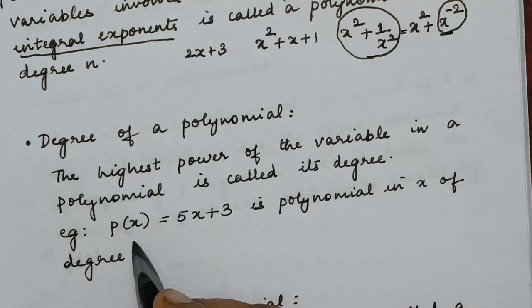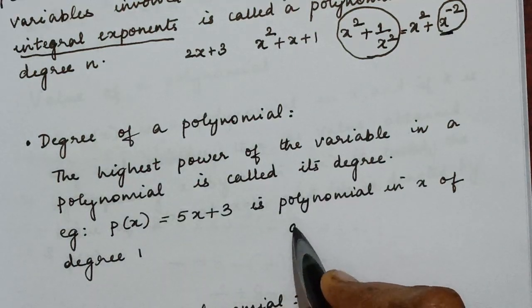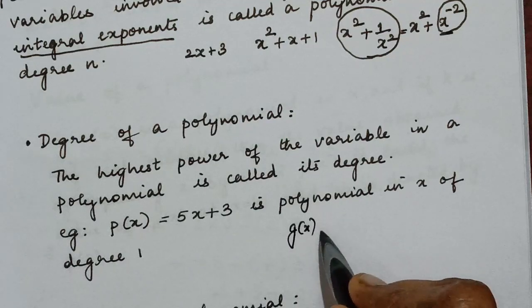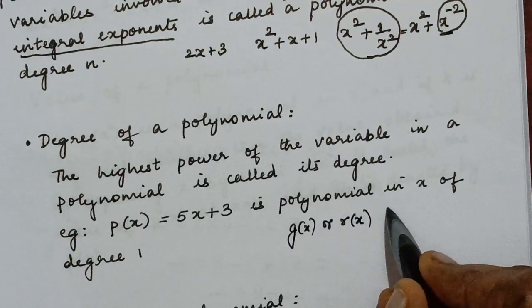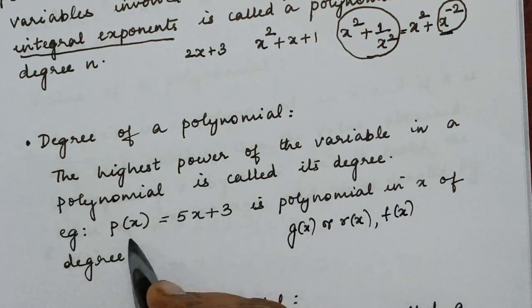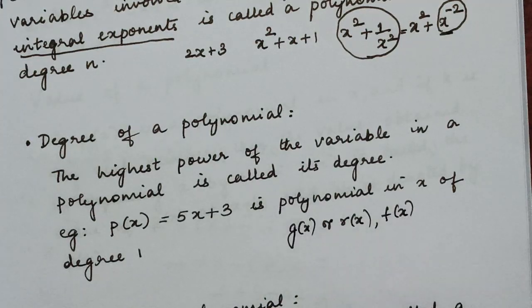This polynomial also, instead of p of x, we can write g of x. We can express a polynomial as g of x or r of x or f of x, in any way.